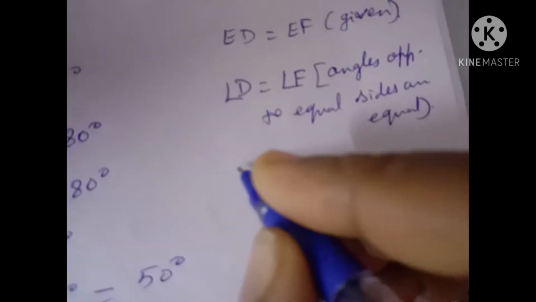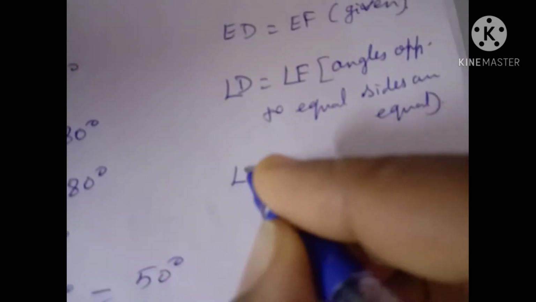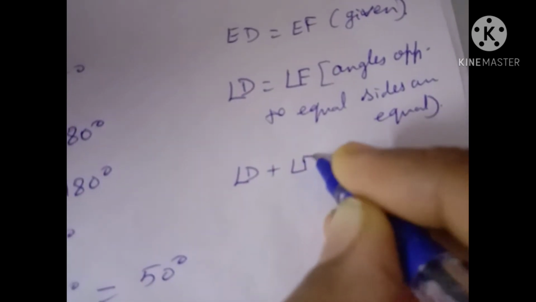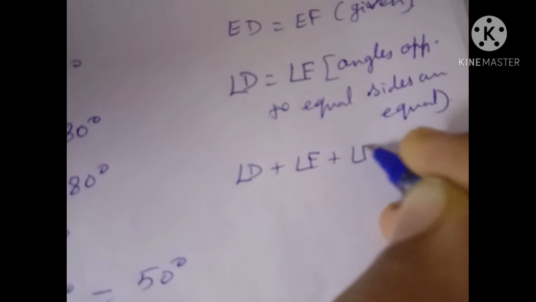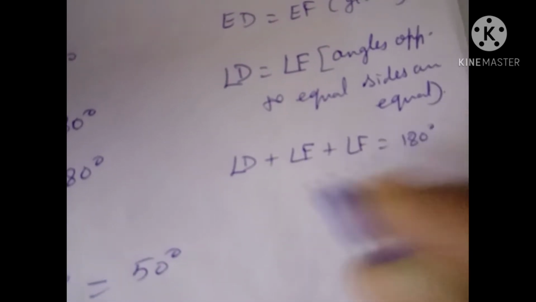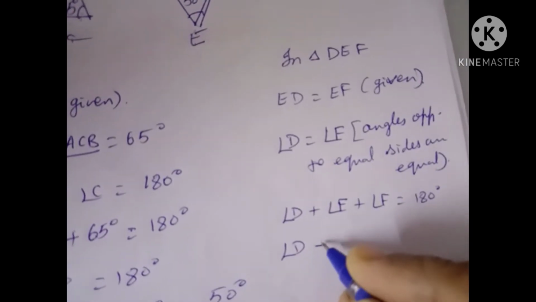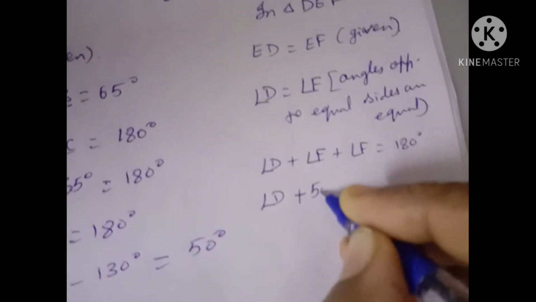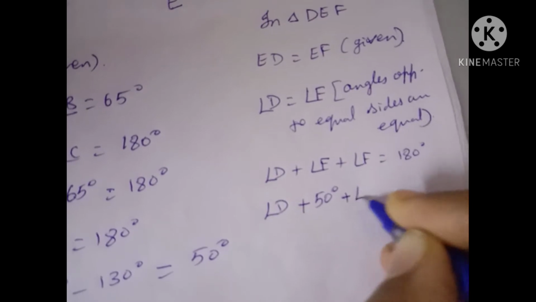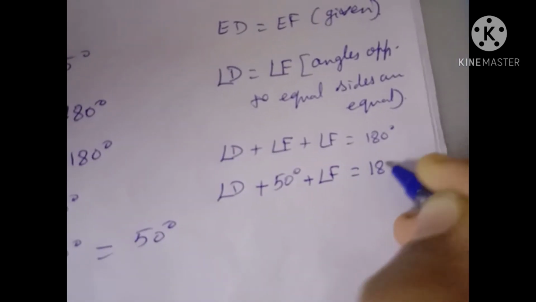So, according to the angle sum property, angle D plus angle E plus angle F is equal to 180 degrees. We don't know angle D, and angle E is 50 degrees, and angle F we also don't know.